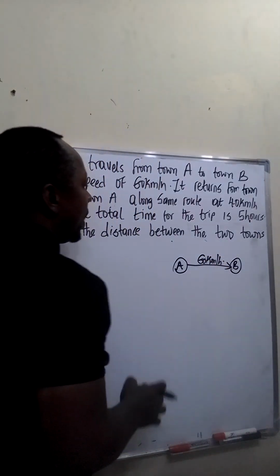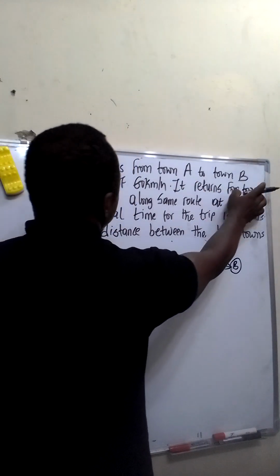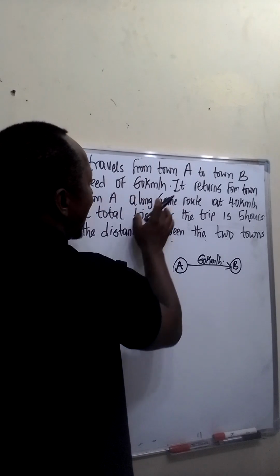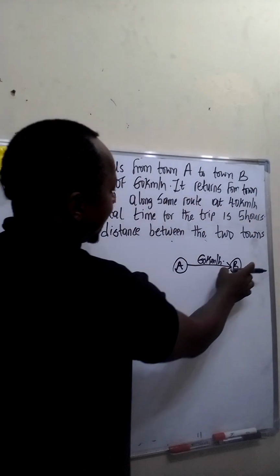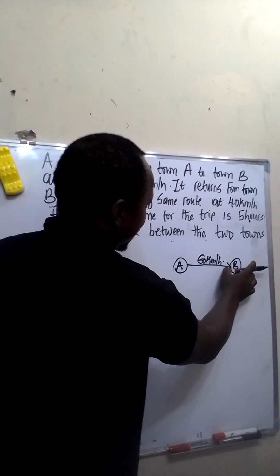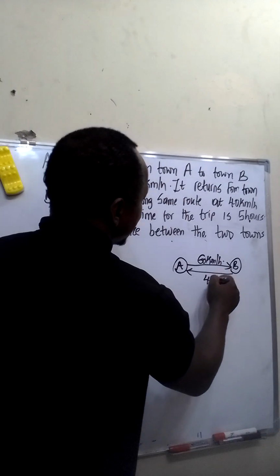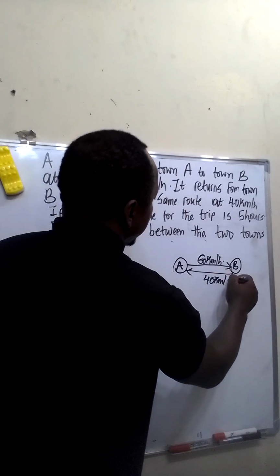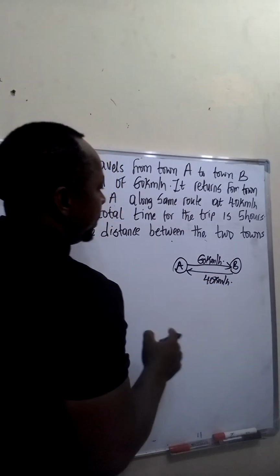We use kilometer per hour to measure speed. We are also told that it returns from town B to town A along the same route at 40 km per hour. The car moves from town B back to town A at 40 km per hour, this time around at a lower speed.